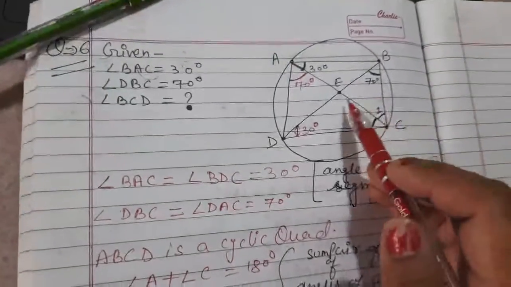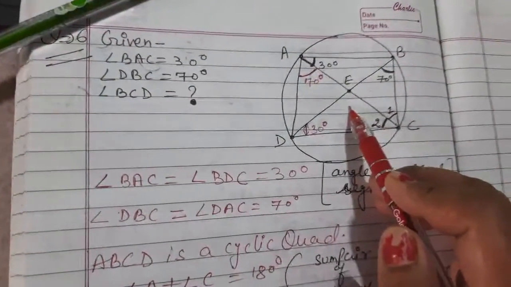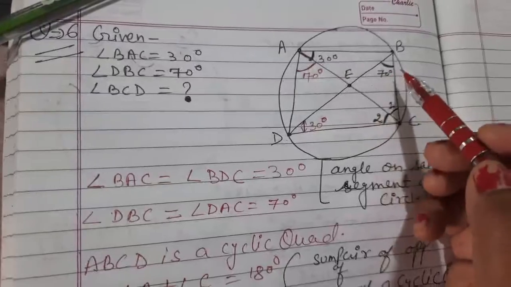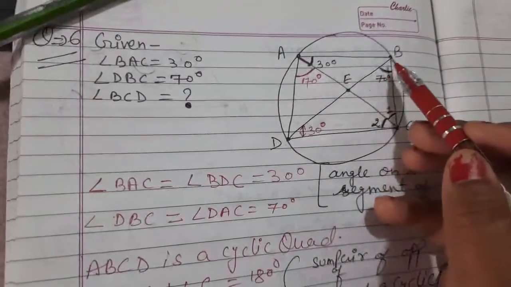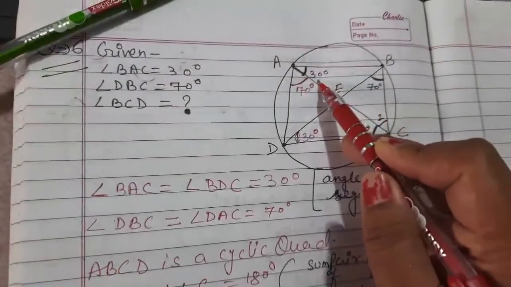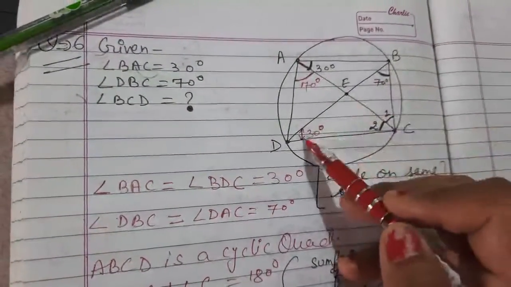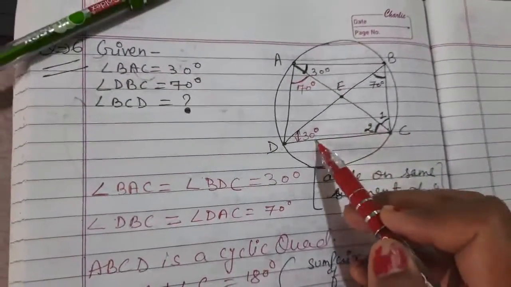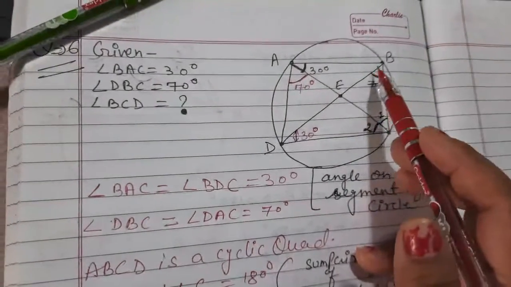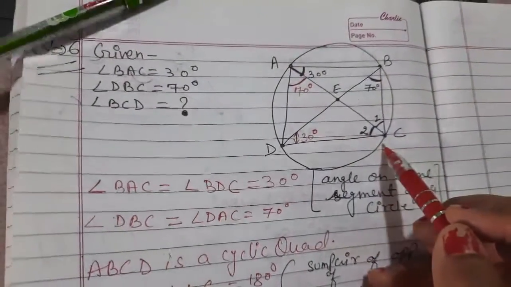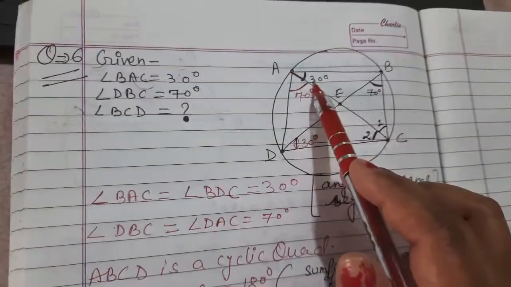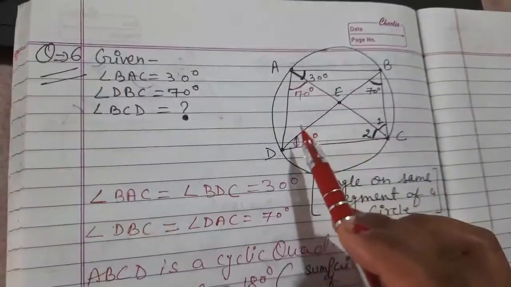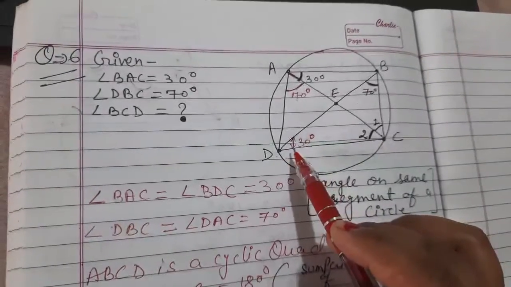So children, see carefully in the diagram. Angle BAC is equal to 30 degrees and angle BDC is again 30 degrees. Why? Because BC is the same segment, and this BC is forming a 30 degree angle at this point and a 30 degree angle again at this point.